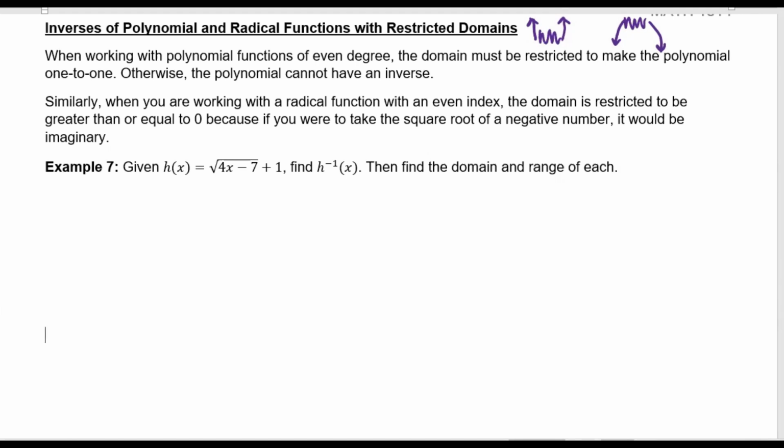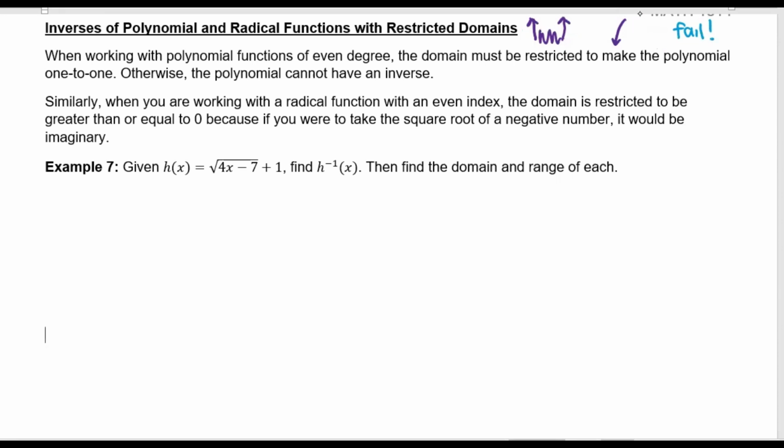But that means they automatically fail the horizontal line test, which means no inverse.